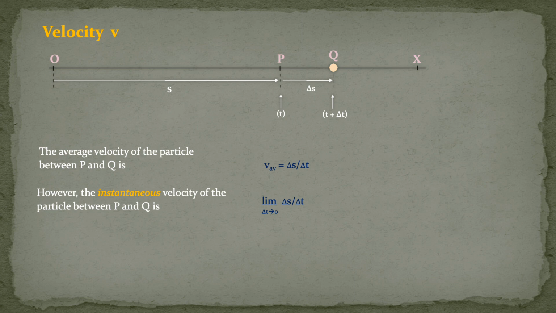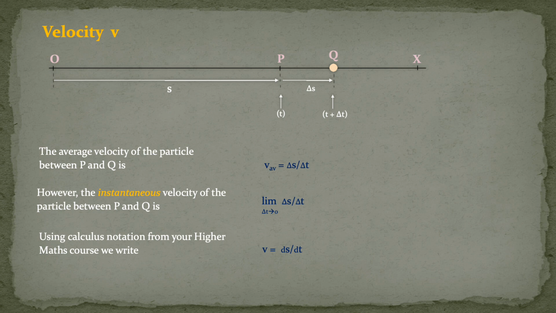So we express this tiny little delta t as the limit as delta t tends to zero of delta s over delta t. Now this is slightly clumsy notation to use, so we're going to now use the calculus notation you learned in your Higher Maths course. So v then becomes ds by dt.